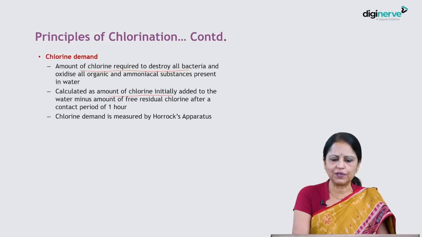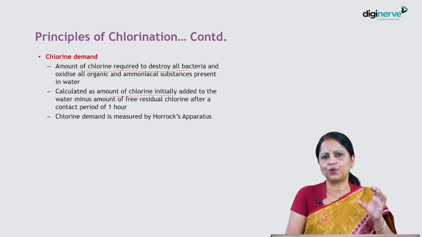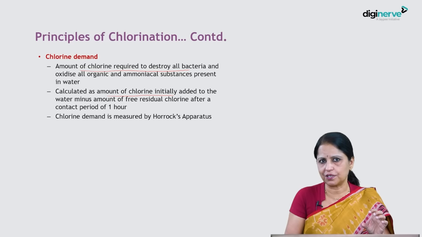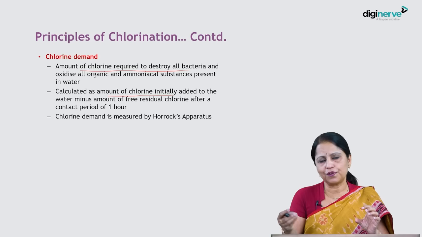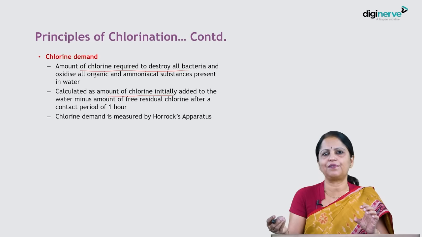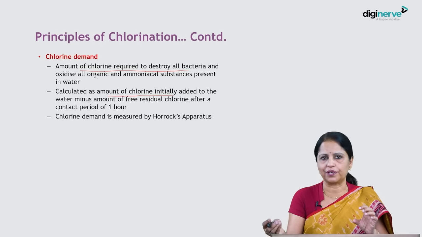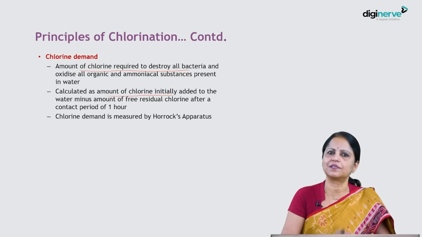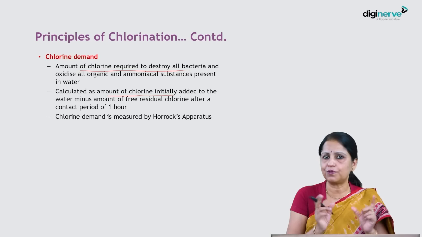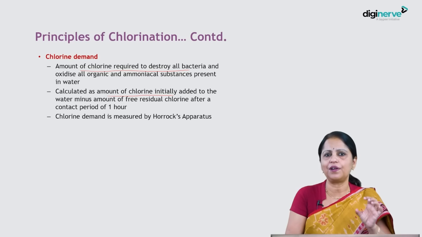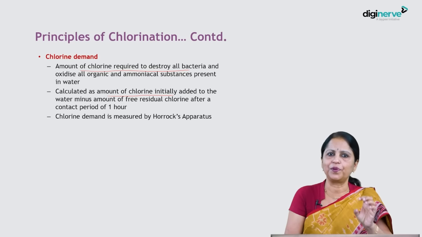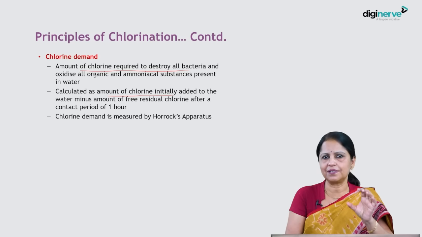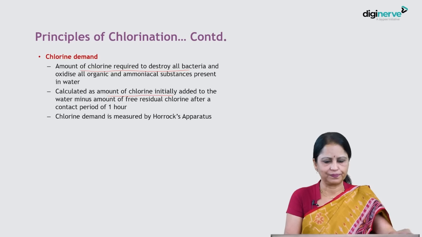It is calculated as the amount of chlorine initially added to the water minus the amount of chlorine remaining at the end of 1 hour, that is the residual chlorine. After subtraction, the amount that remains is the chlorine demand. It means that amount of chlorine was utilized for oxidizing the impurities, bacteria, etc. that were present in the water.